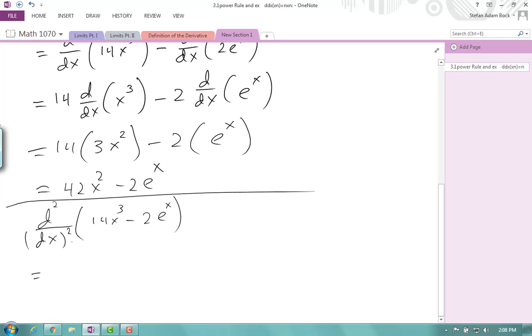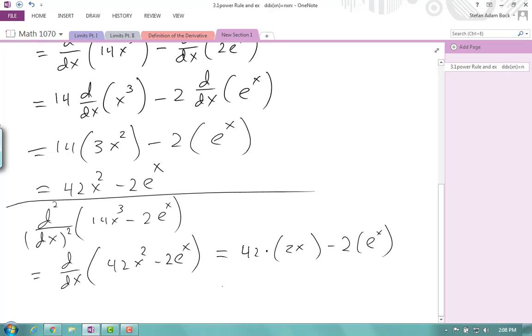Which is equal to the derivative of the first derivative I found, which is 42x squared minus 2e to the x. And this follows the exact same process I did before. 42 is largely ignored. It's multiplied by 2x to the power of 1 minus 2 times e to the x, leaving you with 84x minus 2e to the x.